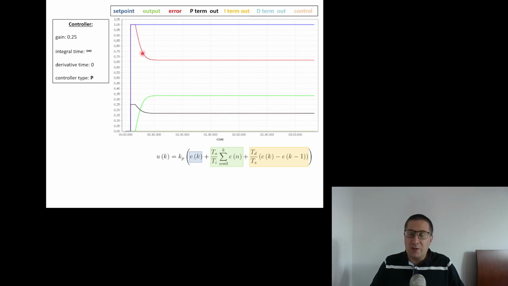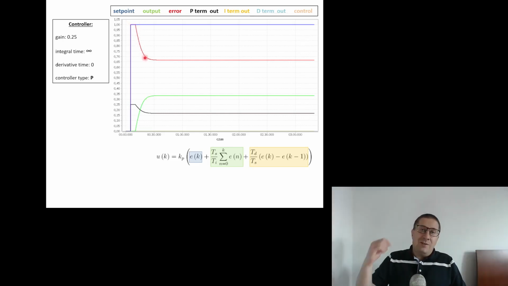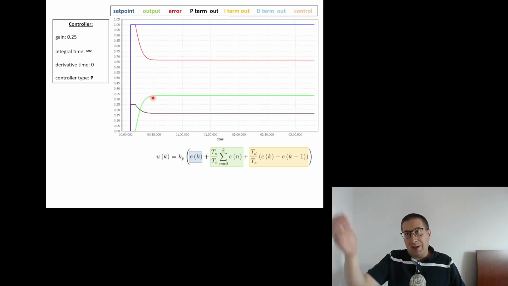If the error is decreasing, then the control signal is also decreasing. So the reaction of the plant is also getting lower and lower. We are sending less and less energy to the plant, so the plant output is still rising, but not so fast.